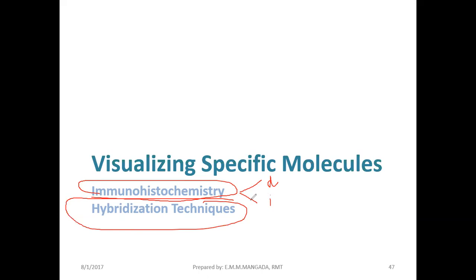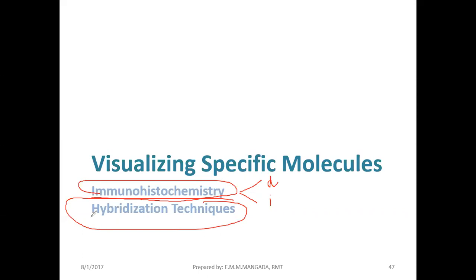So guys, in your direct technique, we're just using a single antibody to detect presence of an antigen. In your indirect, we're actually using another antibody other than the primary antibody. We're using a secondary antibody to detect the binding of the primary antibody to our antigen.